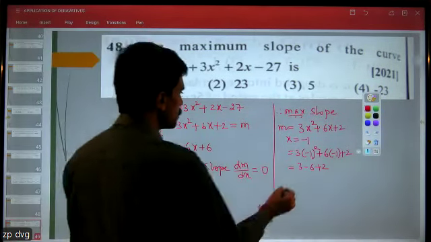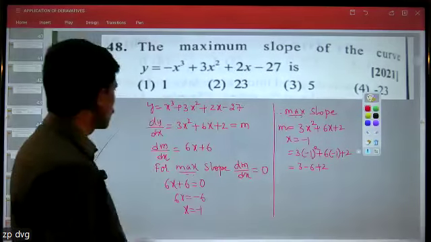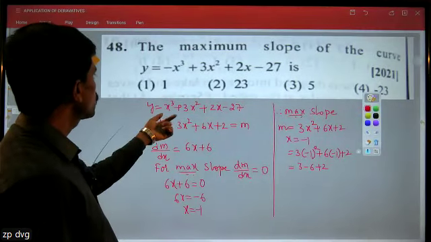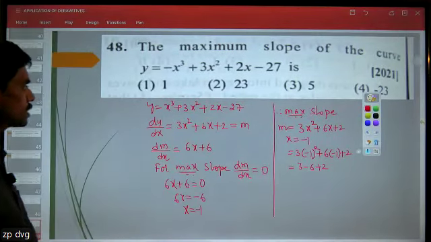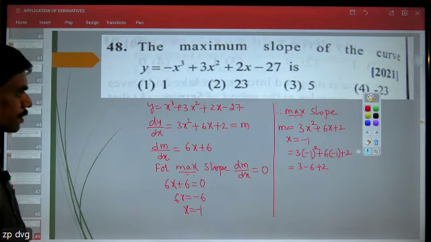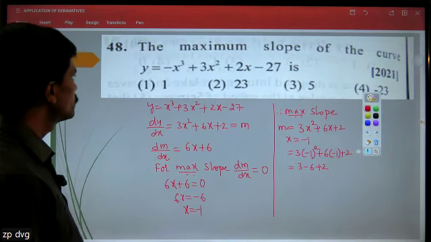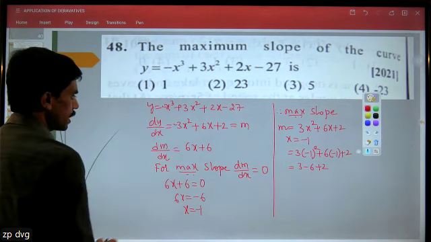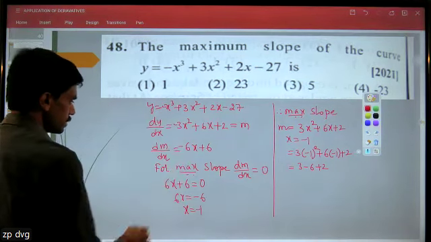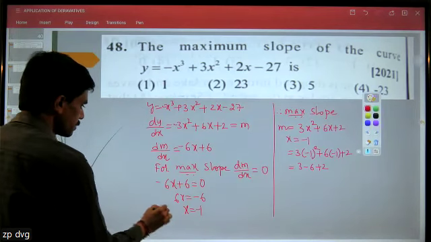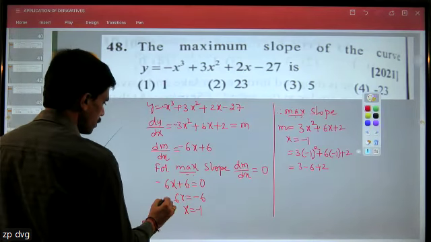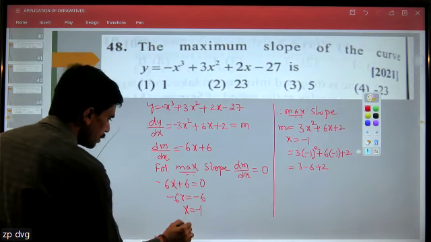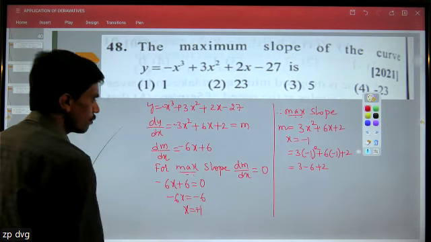Sorry, here the given curve has minus x cube, so minus 3x square we get, minus 6x plus 6. Minus 6x plus 6, minus 6x equal to minus 6, then x equal to plus 1.